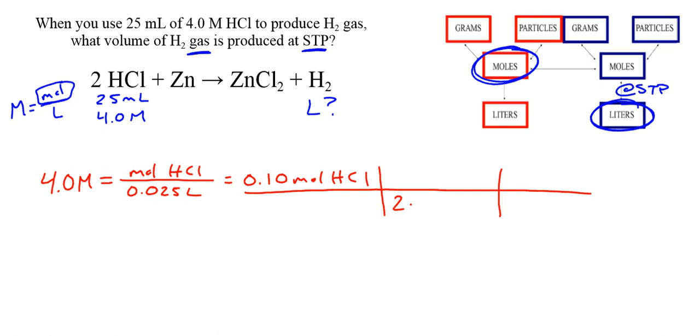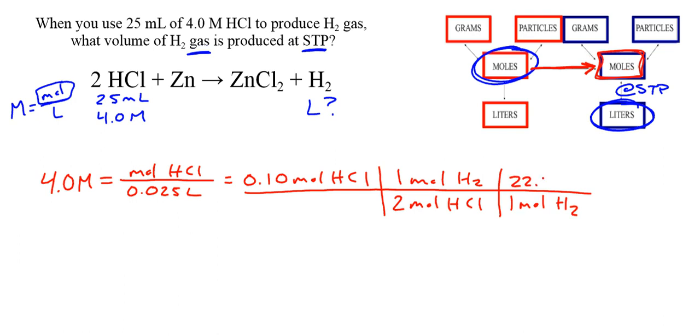First, mole ratio. For every 2 moles of HCl, I have 1 mole of hydrogen. Now, I have just gone through the mole ratio. So now I'm sitting at moles of hydrogen. And if I was going to grams, I would multiply it by the molar mass. If I was going to particles, I'd multiply it by Avogadro's number. But in this case, I am asking for volume of a gas.